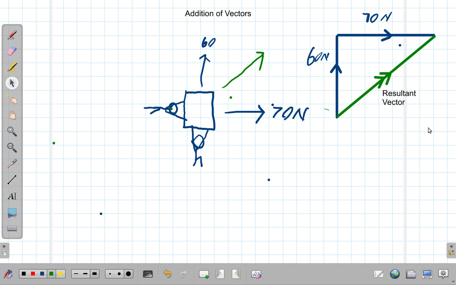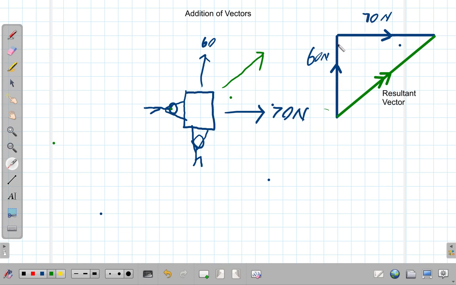Now notice here that we had these two vectors, the 60 and the 70, and then we had the third vector closing what is really a triangle. Now this comes in where we want to give a name to this method.